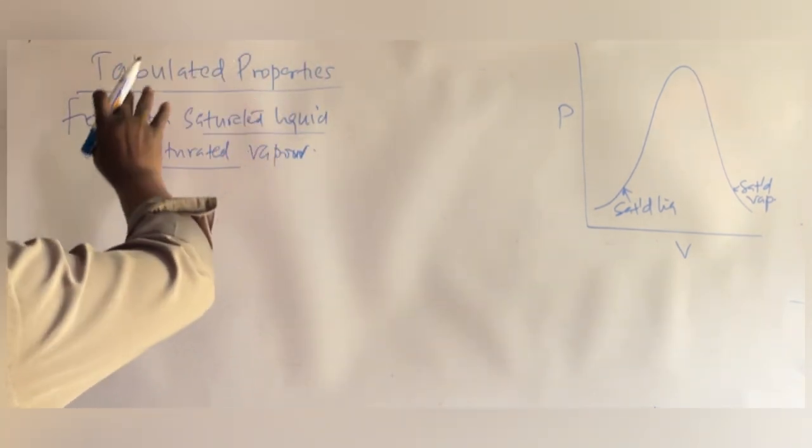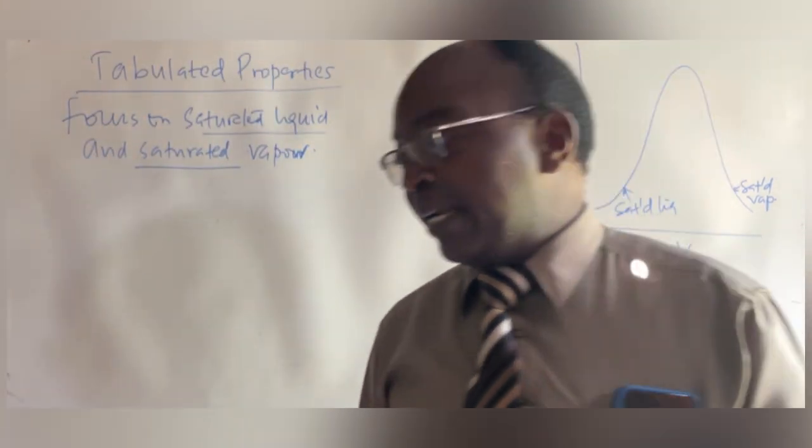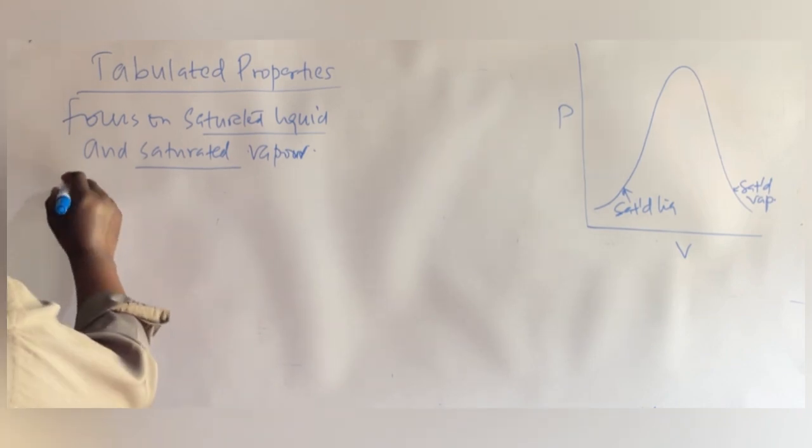Most of these properties, which we refer to as tabulated, are tabulated in the steam tables.